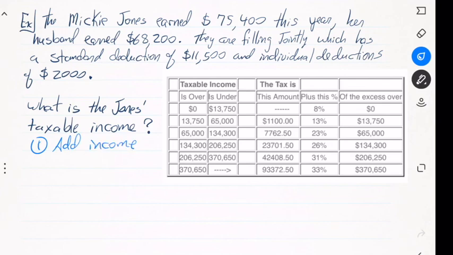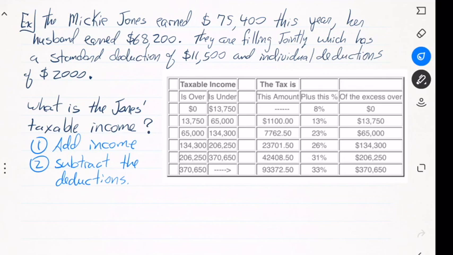So we need to know their total income first. And then what we're going to do is subtract the deductions. So it's pretty simplistic. Sadly, this year there are no individual deductions, so you're going to get taxed on things that when I was growing up, I wasn't taxed on.